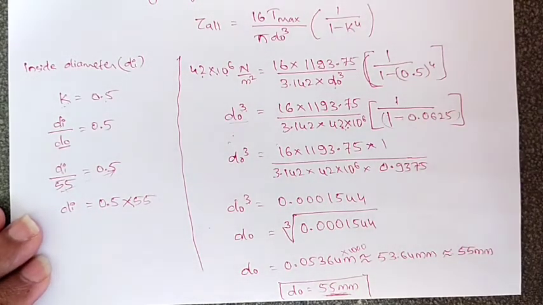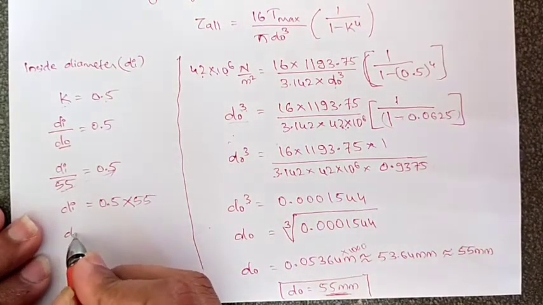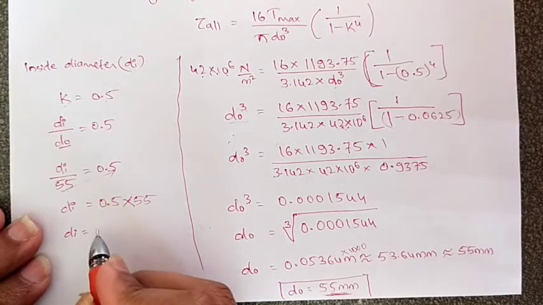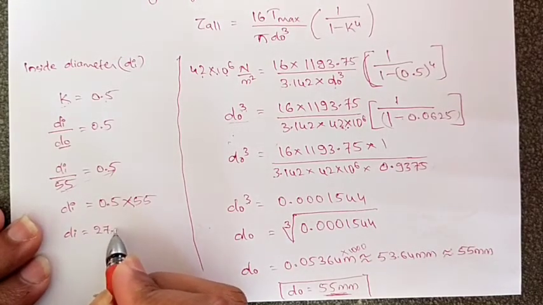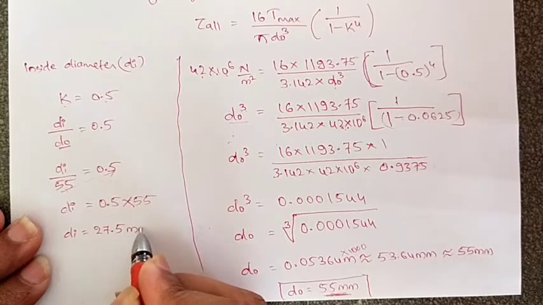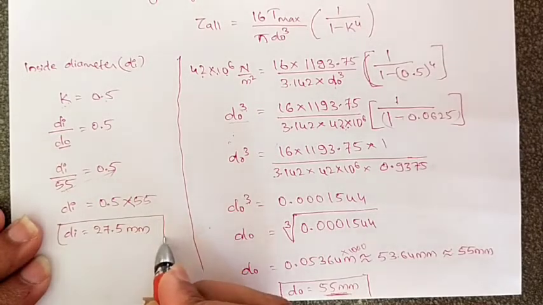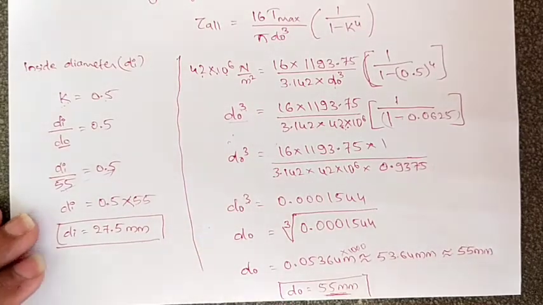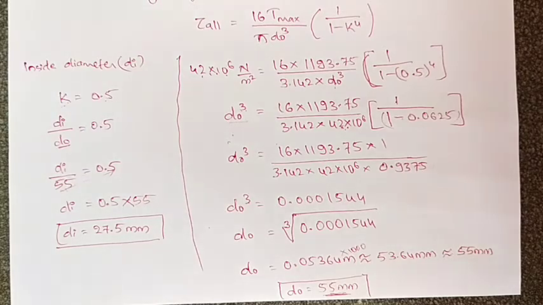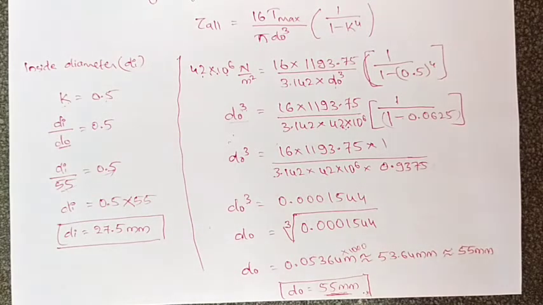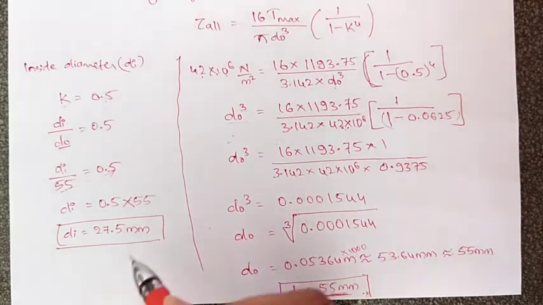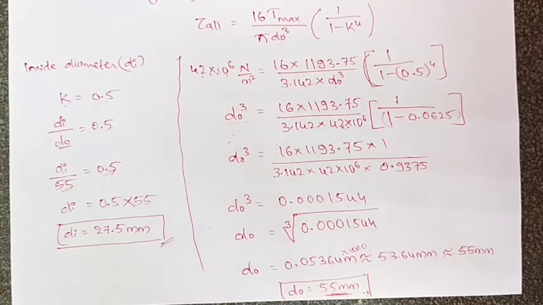So you will get di as 27.5 millimeter. So this is the value of the inside diameter. The outside diameter we have found is 55 millimeter, and the inside diameter comes to be 27.5 millimeter.